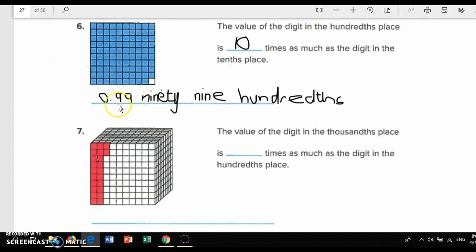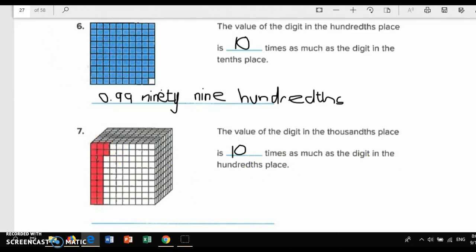The standard form is 0.99. In words, 99 hundredths.